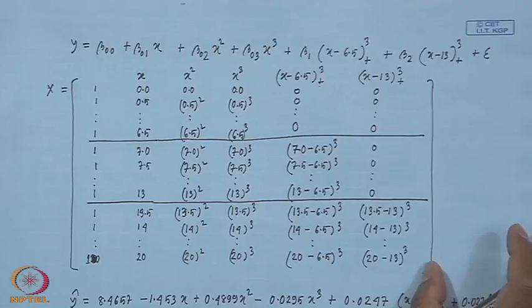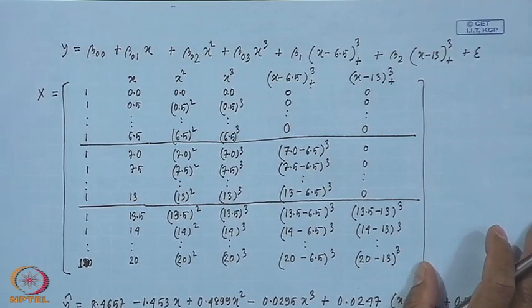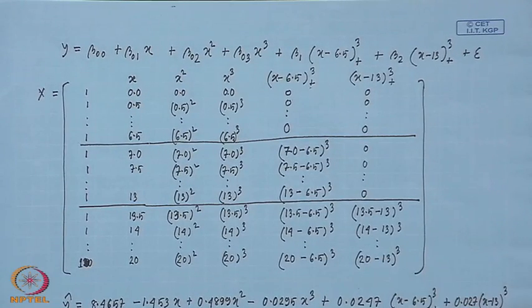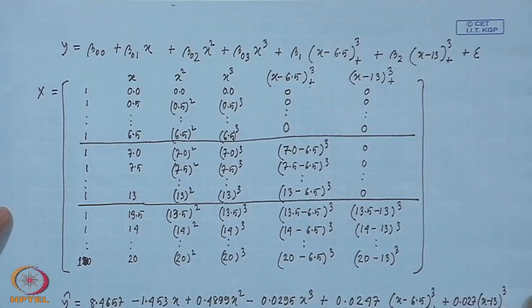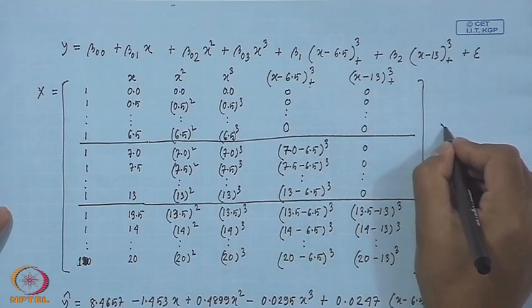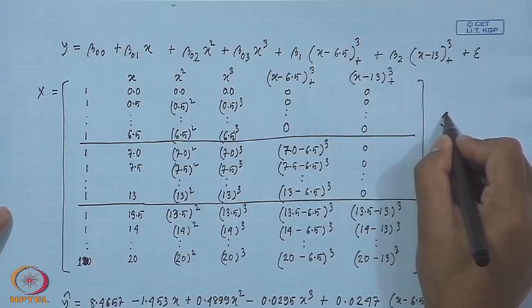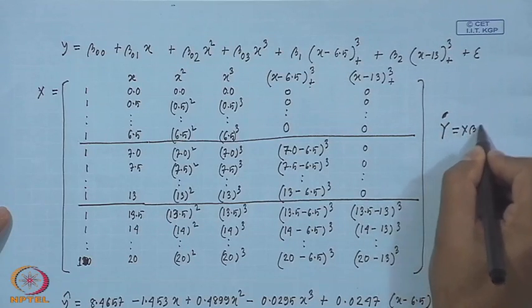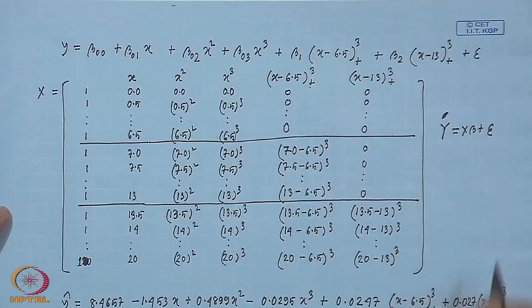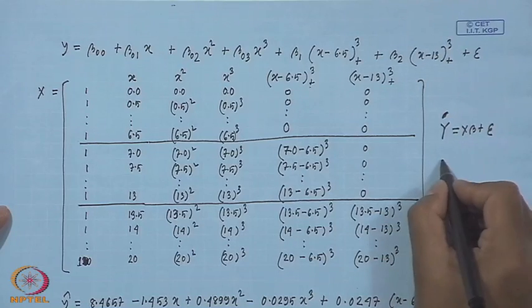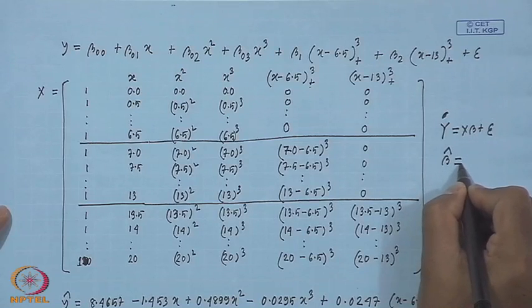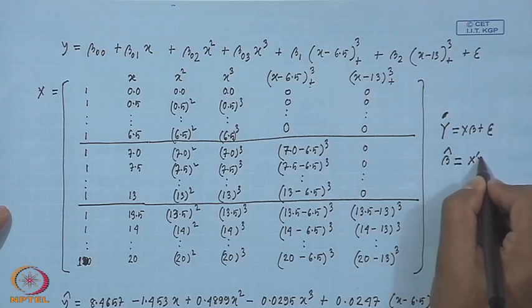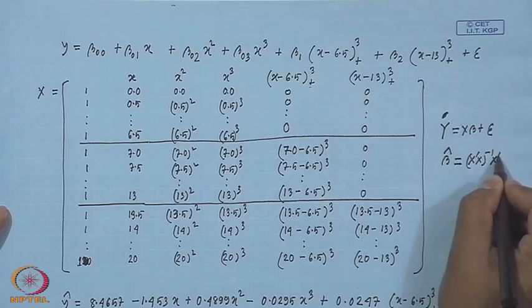I wanted to explain this coefficient matrix, and I hope it is not so difficult to understand. Once you have the X matrix, we can write it in matrix form, y equal to X beta plus epsilon, and you can estimate the regression coefficients beta as (X prime X) inverse X prime y.